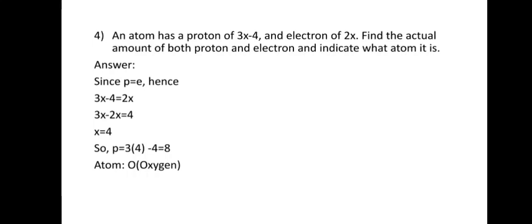We move the 2x to the left side and move the 4 to the right side. We get 3x minus 2x equals 4, leaving x equals 4. So we have proton equals 3 times 4 minus 4. So we get 12 minus 4 equals 8. So the atom that has the atomic number of 8 is oxygen.